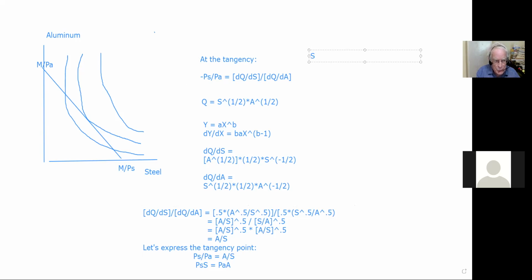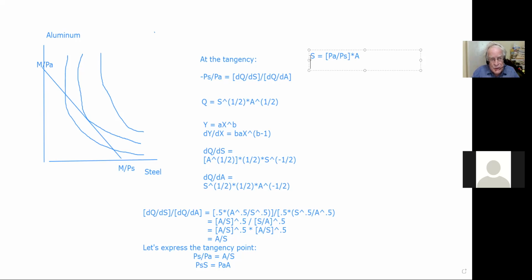So we're making progress. Our input demand function for steel is the price ratio of aluminum to steel times A. We are almost home.